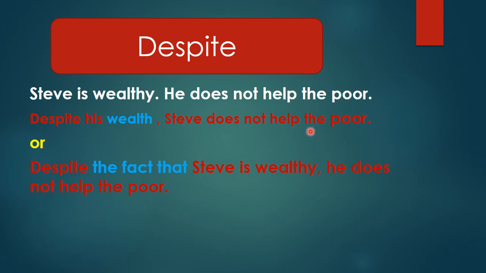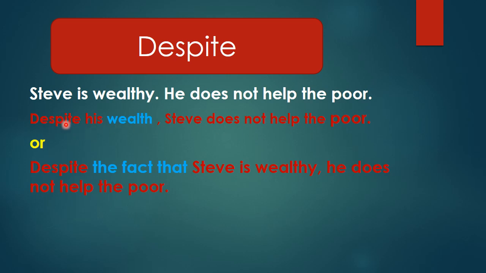Now look at this sentence. Steve is wealthy. He doesn't help the poor. So you can see that there is a kind of contrast. He is wealthy. He does not help the poor. Normally, a person who is wealthy should help the poor. This is part of good values.